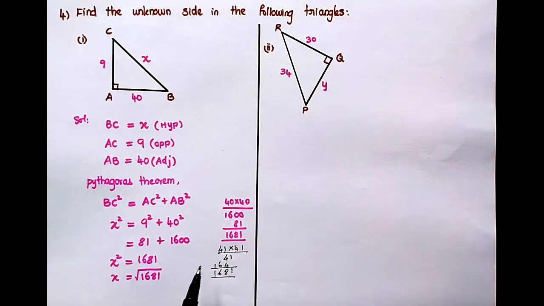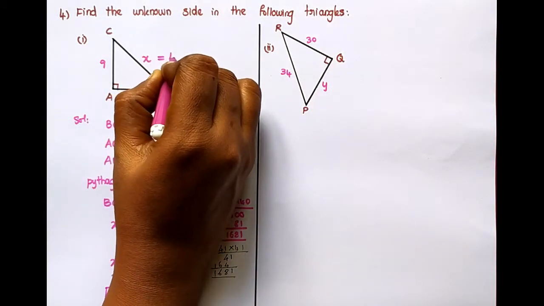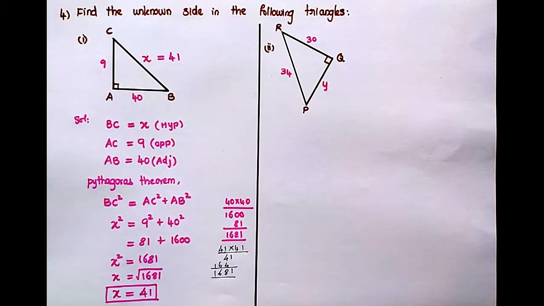Square root means we guess the number that multiplied with itself gives this. So what is the value? 41. The value of x is 41. That is the answer.